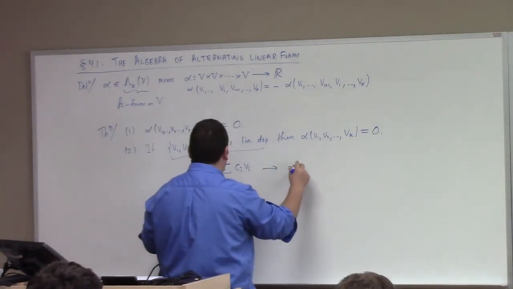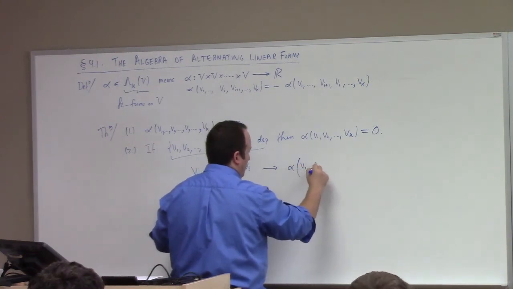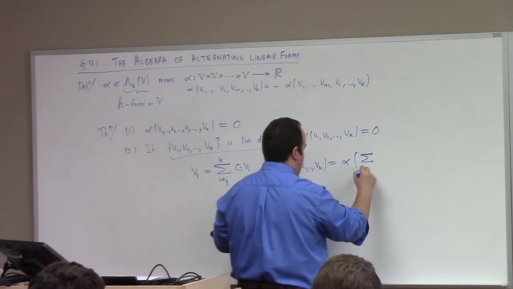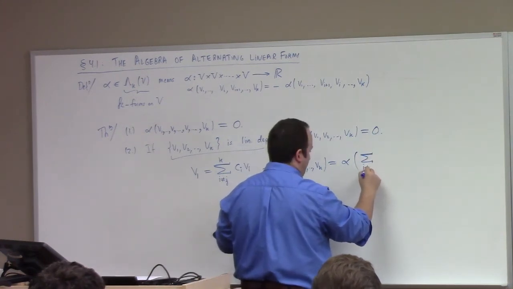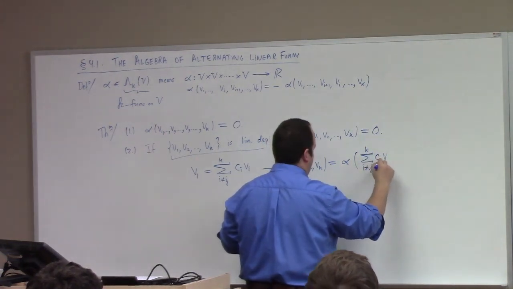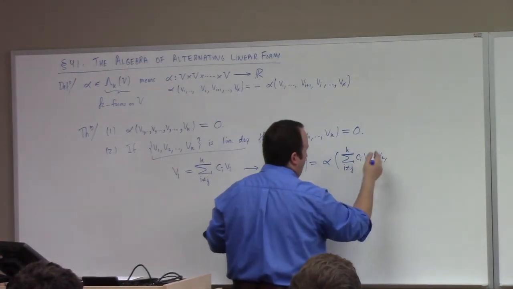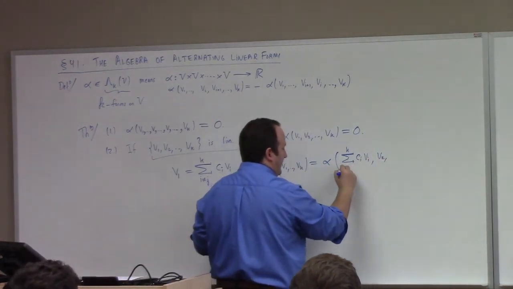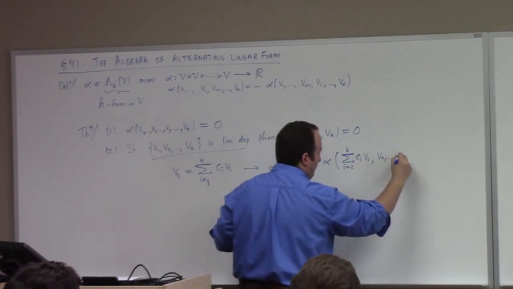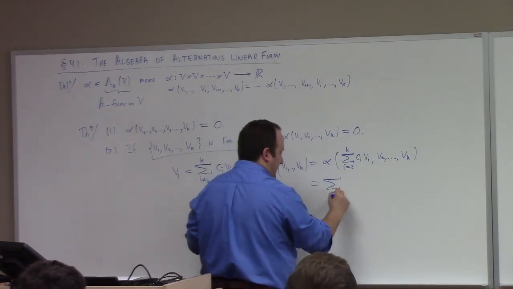If you look at that, then you'd have alpha of v1, ..., vk would be alpha of the sum, i from 2 to k of ci vi, v2, ..., vk, given my choice of nomenclature. And by linearity, I can pull the sum out, I can pull the constant out, right?